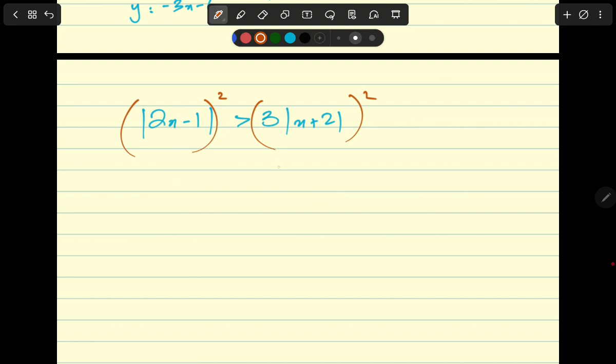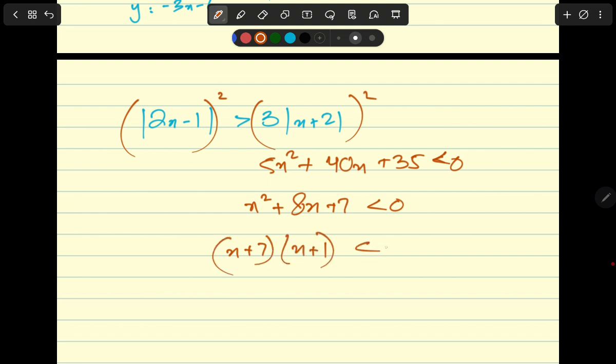Oh sorry, so this is 5x squared, and then plus 40x, and then 9 times 4 is 36, minus 1 is plus 35, is less than 0. Divide everything by 5, which is a positive quantity, so the inequality sign doesn't change. So this is x squared plus 8x plus 7 is less than 0. So this becomes (x plus 7)(x plus 1) is less than 0.